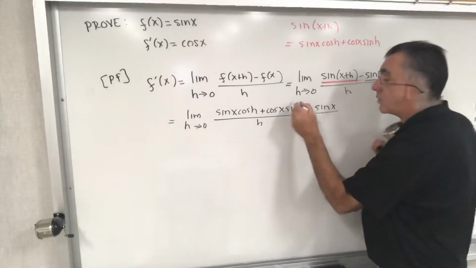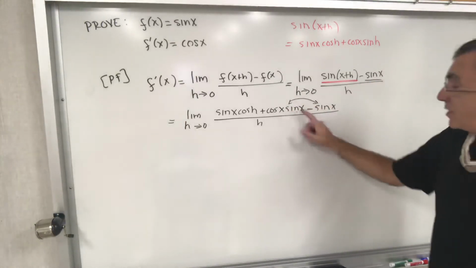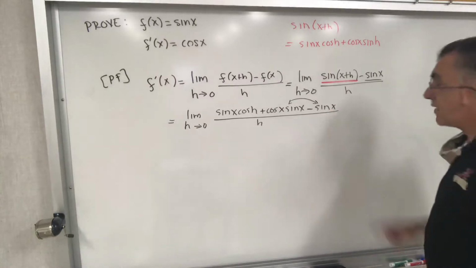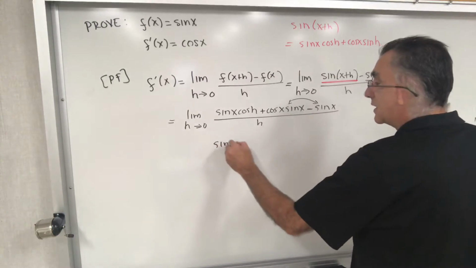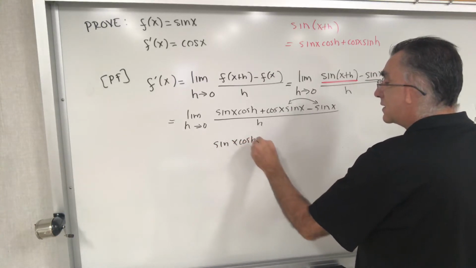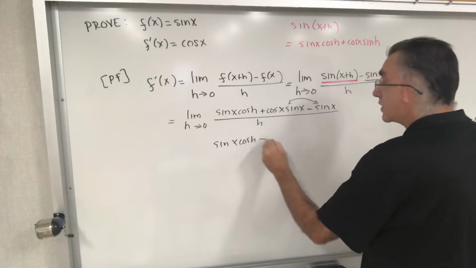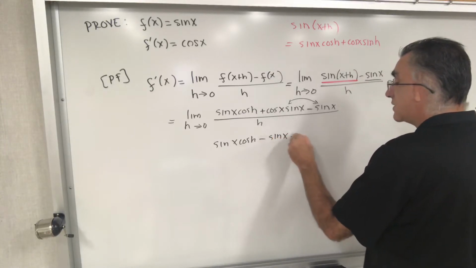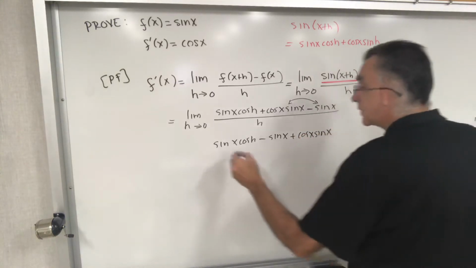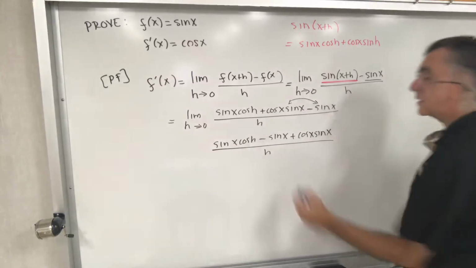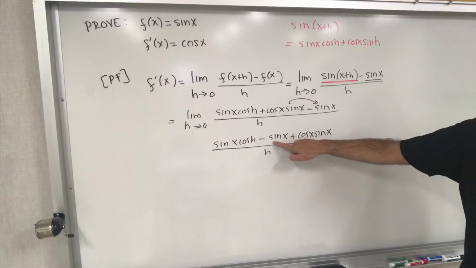Now, at this point, what we're going to do is switch those two, right? 7 minus 5 is the same as negative 5 plus 7. We're going to switch the order in which we do the work, which is okay, isn't it? All over h. So I'm just going to put the negative sine x there.